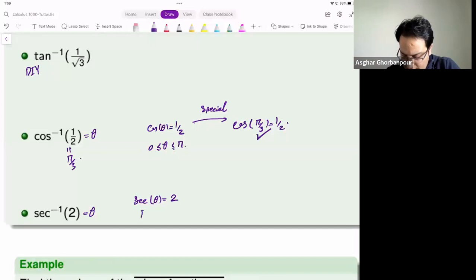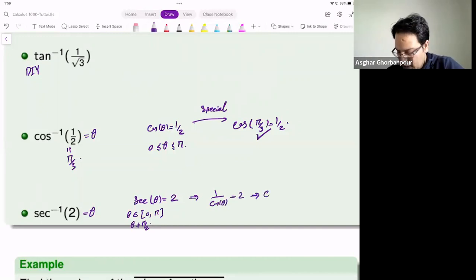But in our case, the convention is 0 to pi, and we have to make sure that theta is not pi over 2. And well, if you do this one, then we are interested in 1 over cosine theta equals 2. That's the definition of secant. So that means that cosine theta is 1 over 2. That's very nice because you already found that theta in that interval is pi over 3. So this guy is pi over 3.